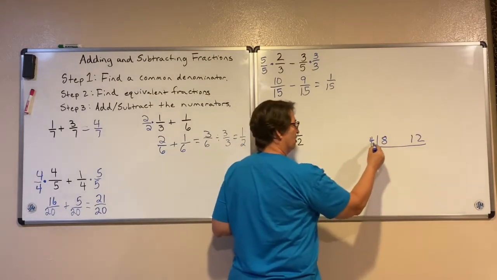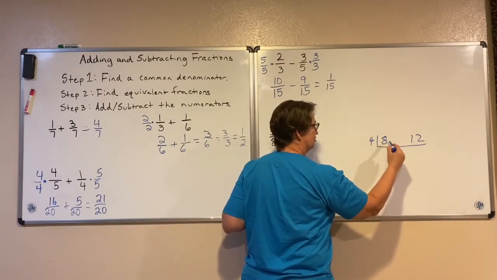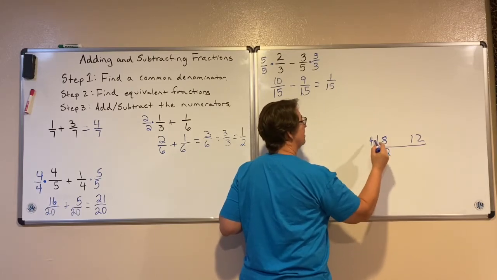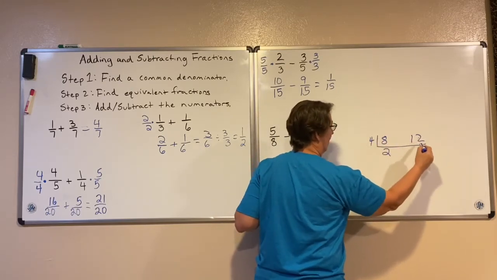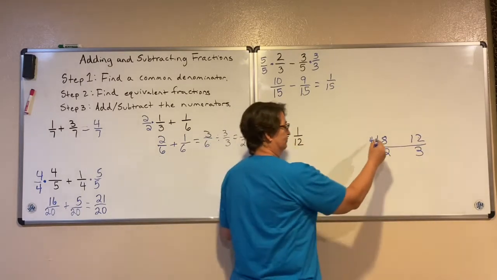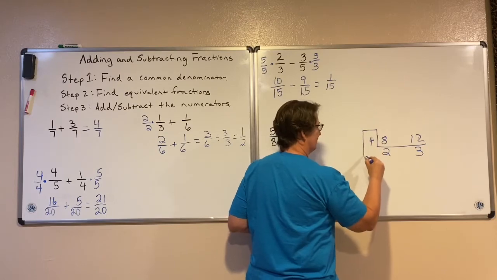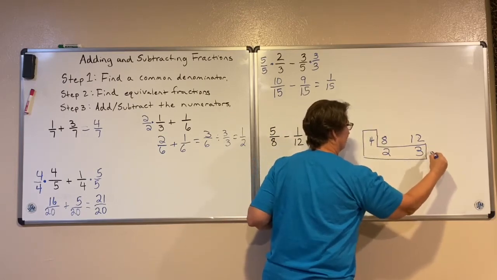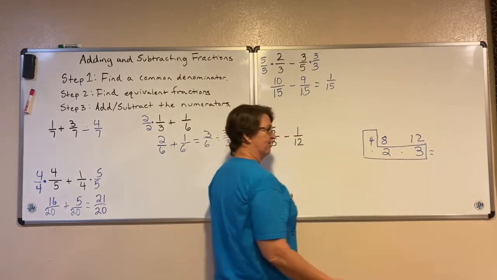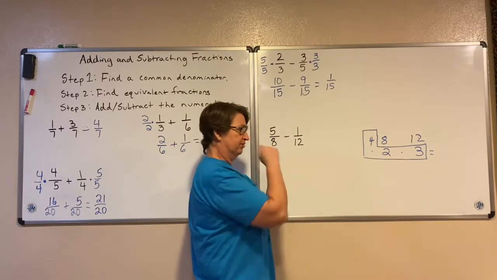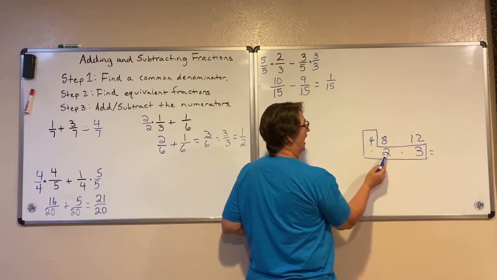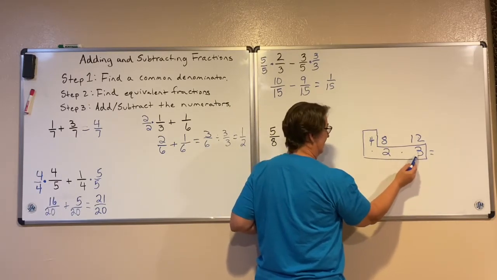So if I divide 4 into 8, it goes in there 2 times. 4 times 2 is 8. If I divide that into 12, it goes in there 3 times. So 4 is a common factor of both of those. I'm going to take and multiply these factors together to find its least common denominator. So 4 times 2 is 8 times 3 is 24.